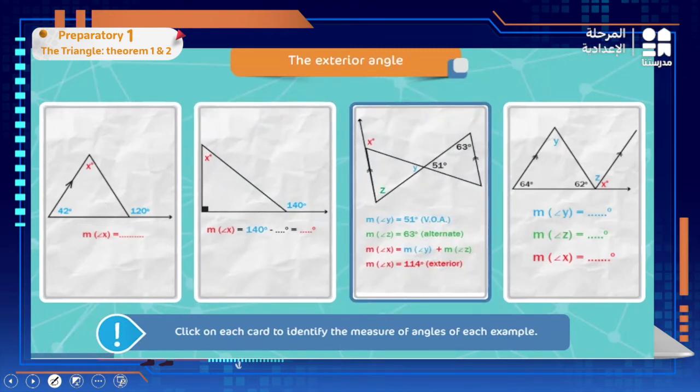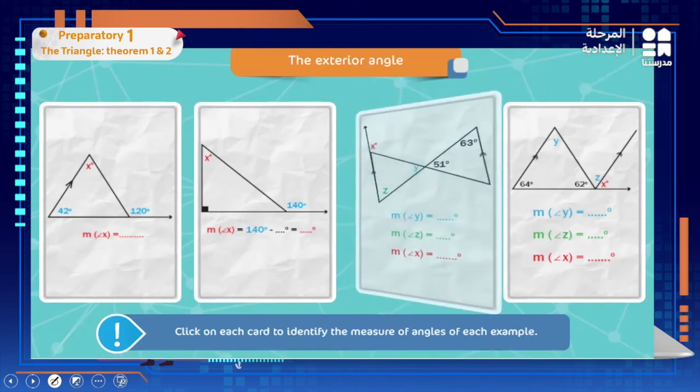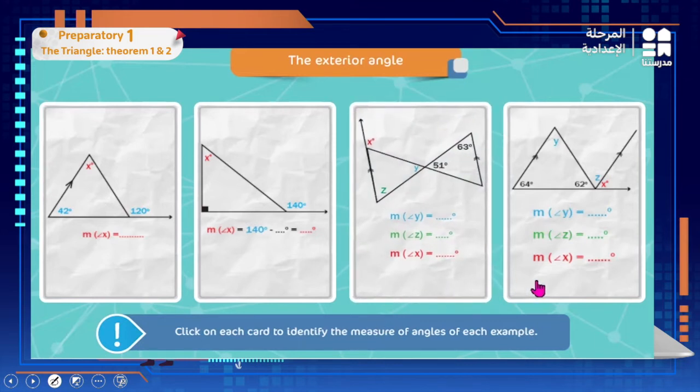The measure of angle y equals 51 degrees, using laws of vertically opposite angles. As for the measure of z, it equals 63 degrees by laws of the alternate angles, which lie on the opposite sides of the transversal. So the measure of angle x equals the summation of angles z and y by rules of the exterior angle.